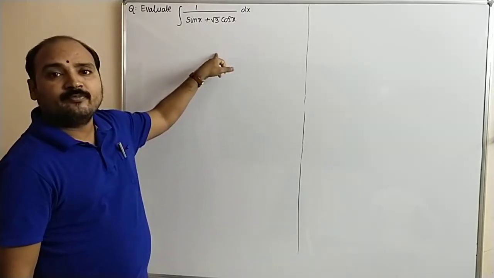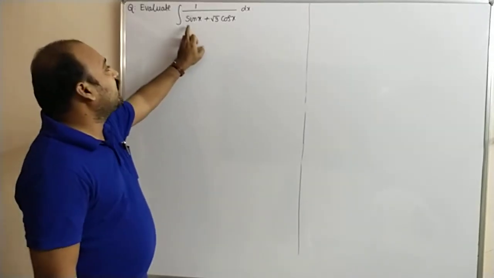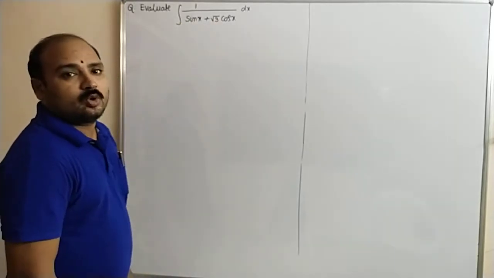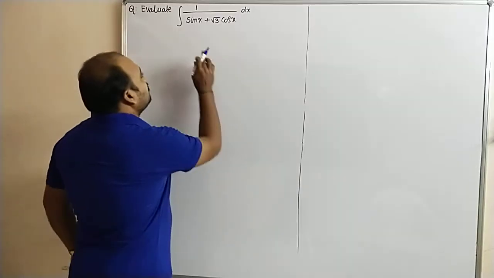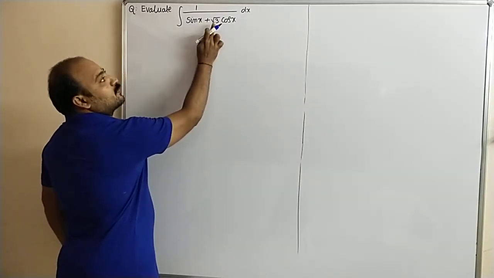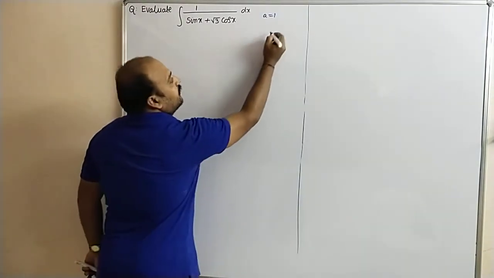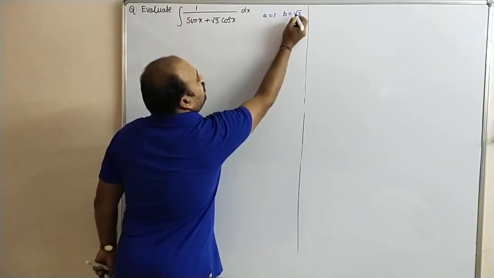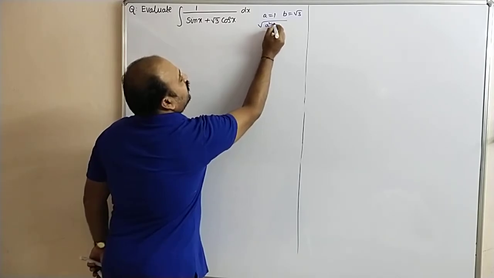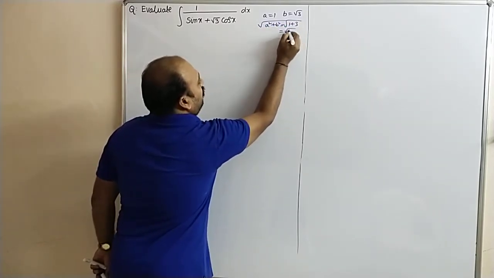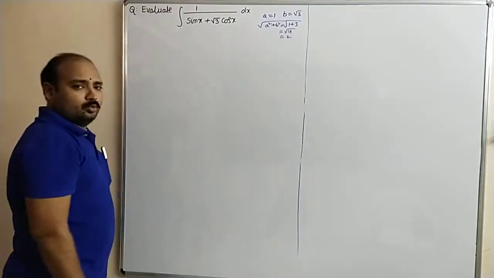What is a, what is b? The sin x coefficient is a, the cos x coefficient is b. So root of (a square plus b square), compare this with a sin x plus b cos x. Here a is equal to 1 and b equal to root 3. So root of (a square plus b square) becomes 1 plus 3, that is root 4, which is equal to 2.